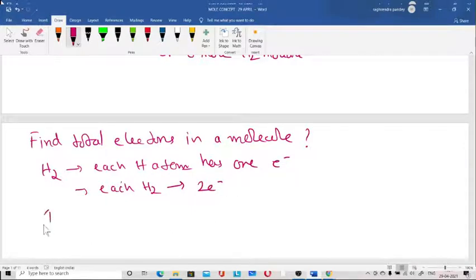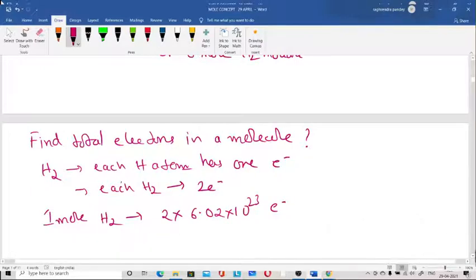So 1 mole H2 has how many electrons? 2 into 6.02 into 10 to the power 23 electrons. All of you getting this? Please ask.